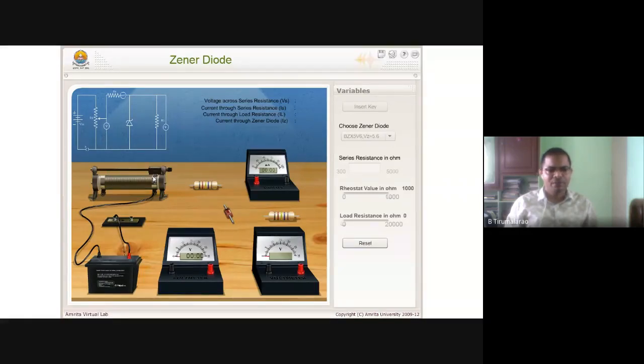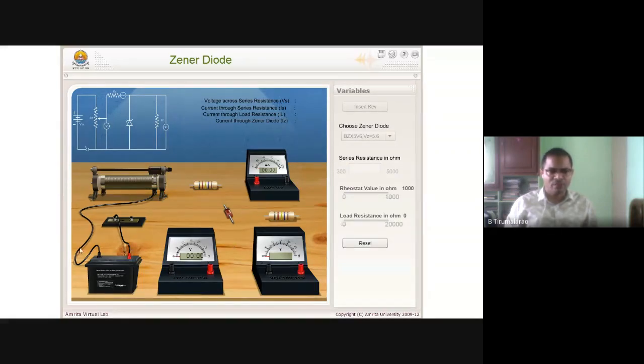You have already seen this rheostat in the pivot key apparatus. This is the resistor in apparatus, indicated by different colors. This is the Zener diode. Another resistor, RL. This is the first voltmeter, and this is the second voltmeter in apparatus.